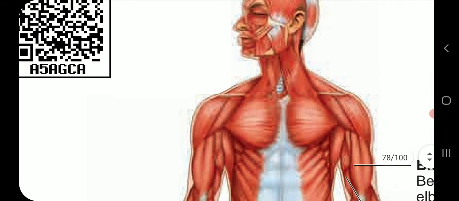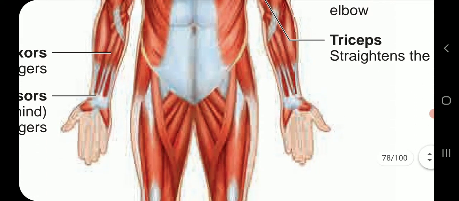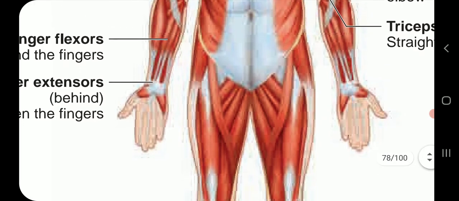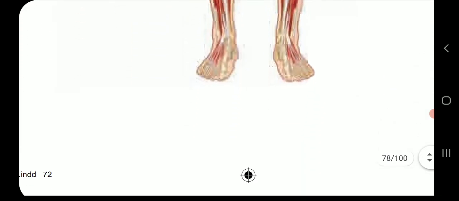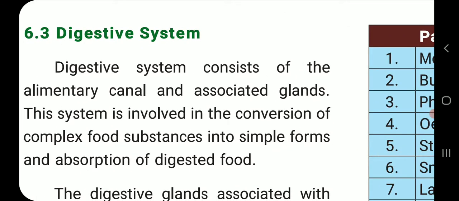It is not controlled by will, and this is the total muscular system which is given in your book. Then the next system is the digestive system.